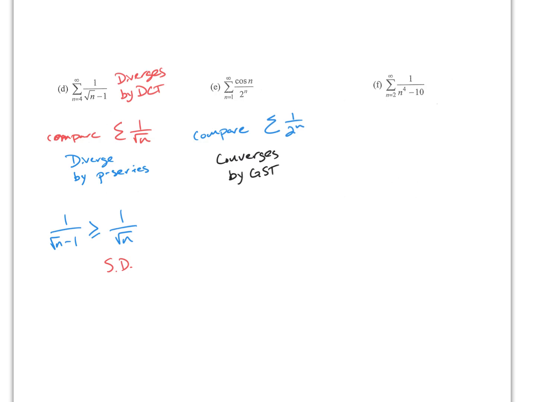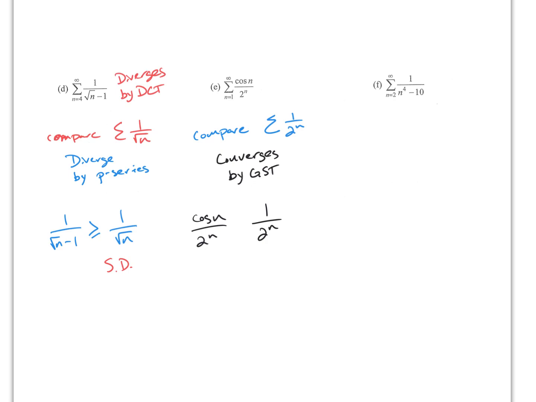All right, now I need to write my inequality statement. So now I have 1/2 to the n, and I have cosine n over 2 to the n. Cosine goes in between -1 and 1. So which one is always going to be bigger than or equal to?